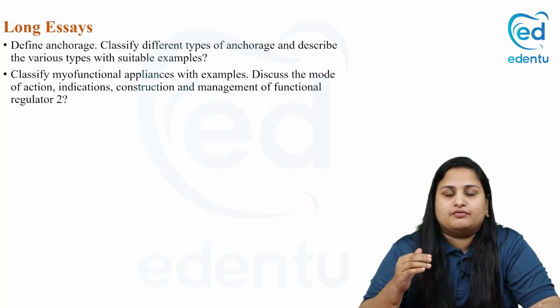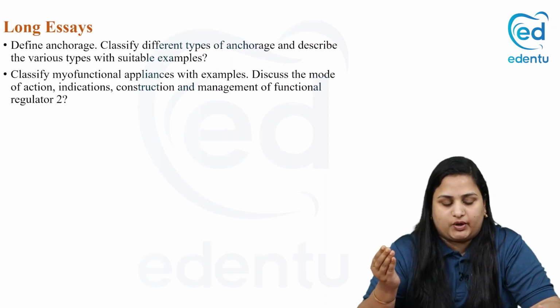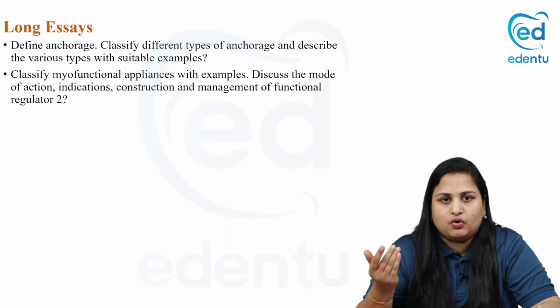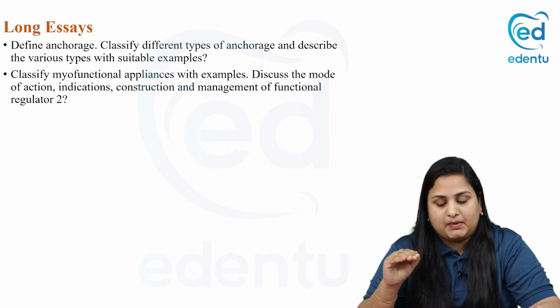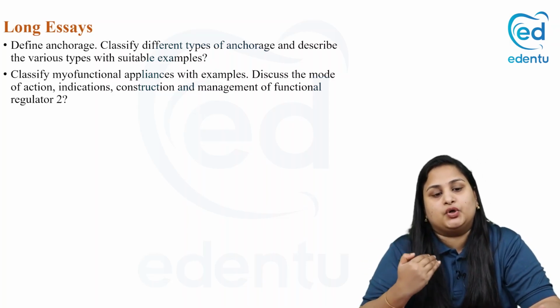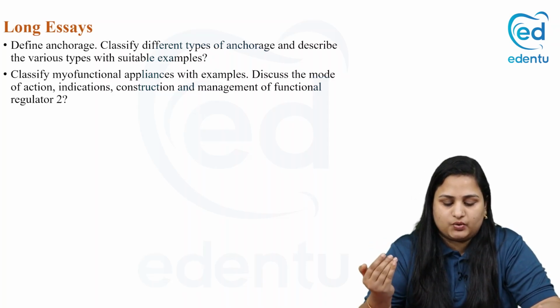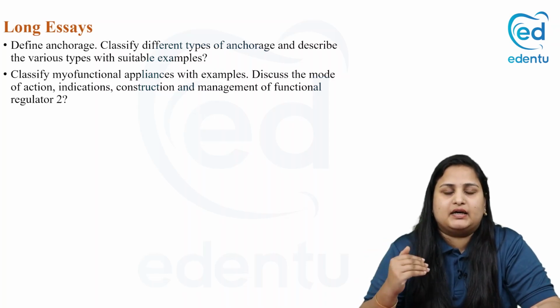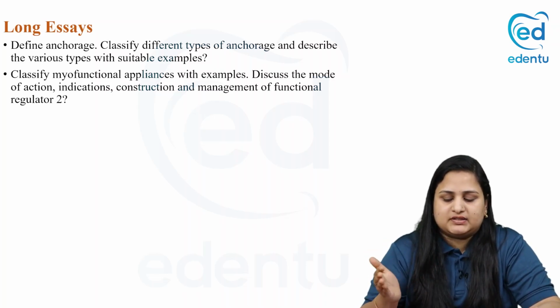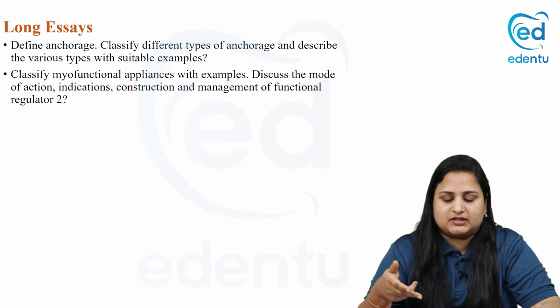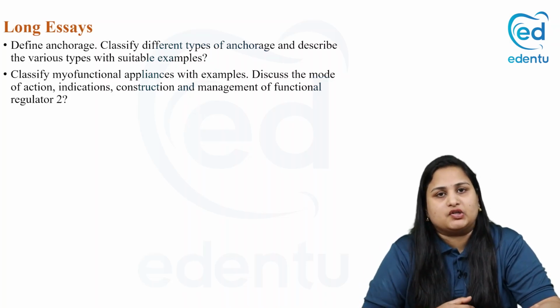And then you can describe the mode of action of each one along with its indications, the construction and how it is being placed, and the management. Each of it will carry around 2.5 marks. So if you discuss classify myofunctional appliances with examples, it would carry 4 marks, with the distribution of 2.5 marks each for mode of action, indication, construction, and management of functional regulator.